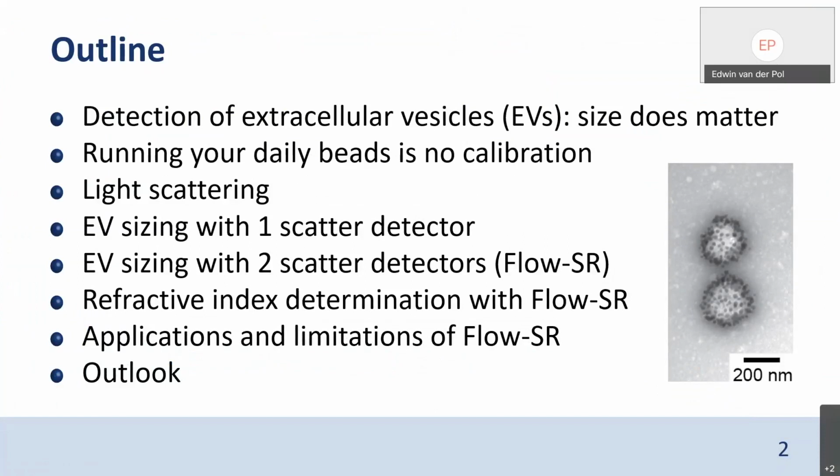So I hope to give you some light scattering background to make you understand what is actually a calibration and how you can calibrate one light scatter detector, and even use the information from two scatter detectors with a relatively new technology, FLOSR, to derive both the size and the refractive index. And then I will finish off by discussing some applications and limitations thereof.